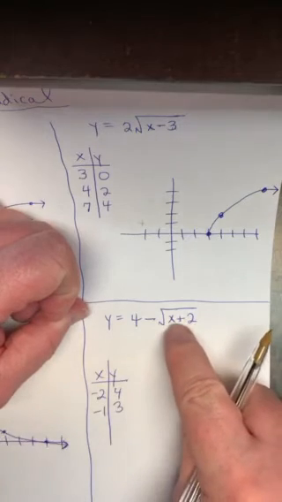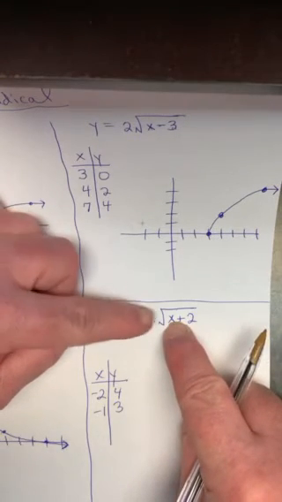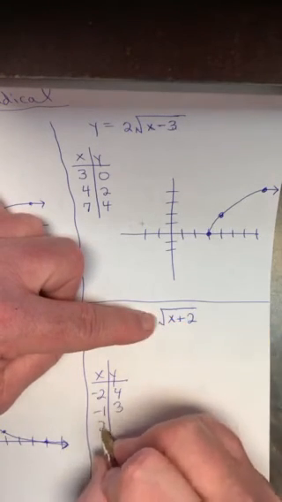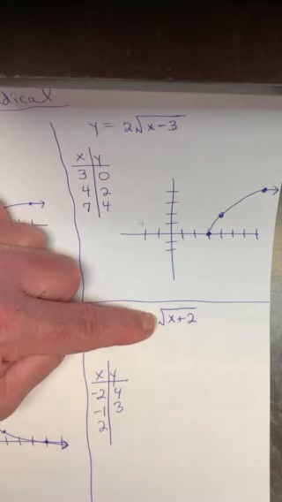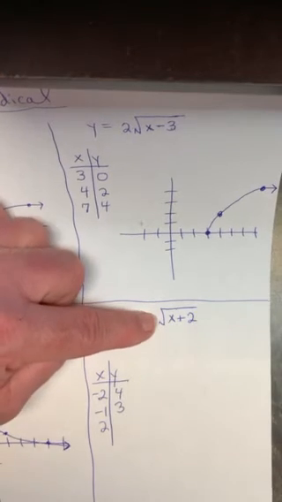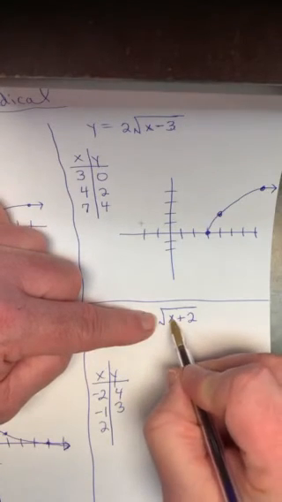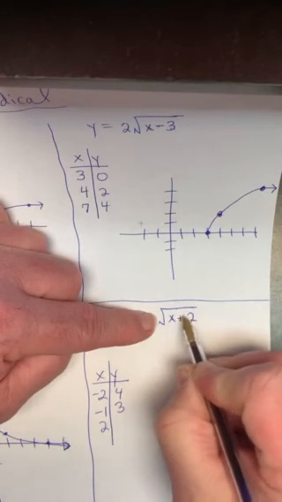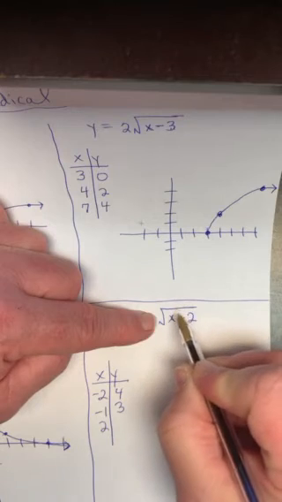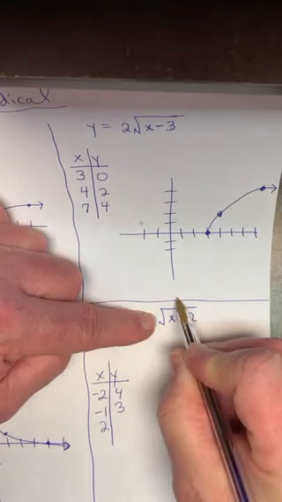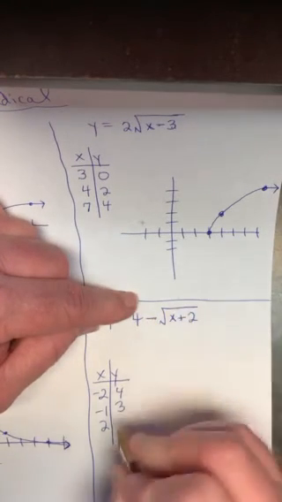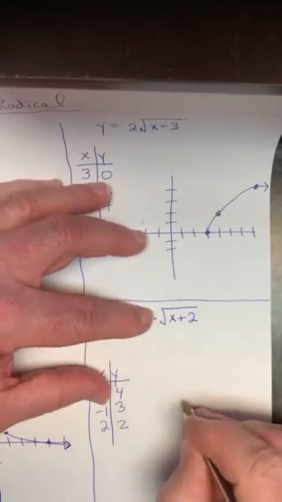Now what number should I plug in? Wouldn't you jump up and plug in a 2 next? And if you say, well, why would you plug in a 2? Well, why wouldn't I plug in a 2? 2 plus 2 gives me 4. The square root of 4 is 2. And 4 minus 2 is 2.